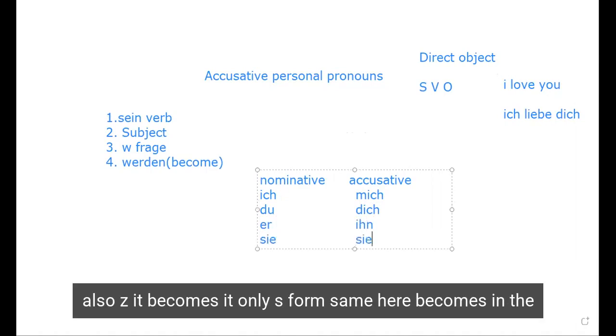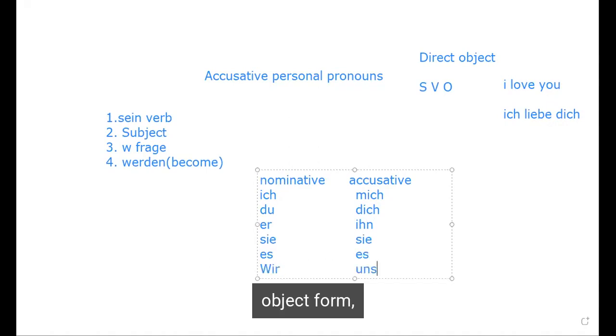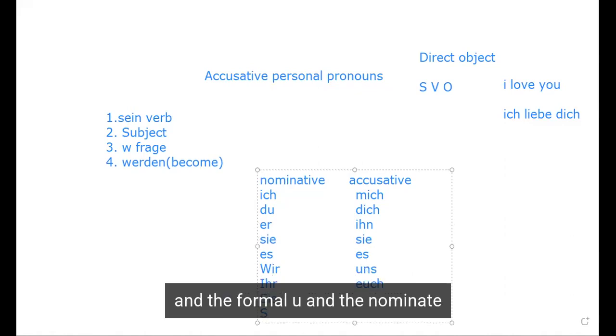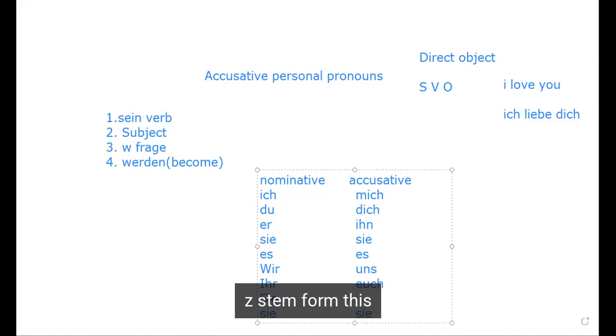This is also sie. It becomes it only. Wir becomes uns. Ihr becomes euch. And the formal you, and this is they. Nominative form sie, so it becomes sie only. Them. This is you formal. This form remains the same, but it is in the accusative form.